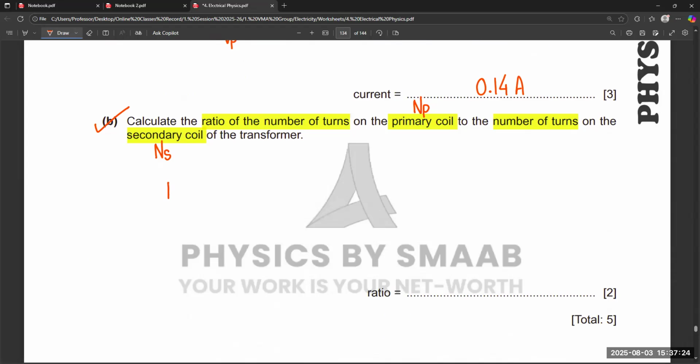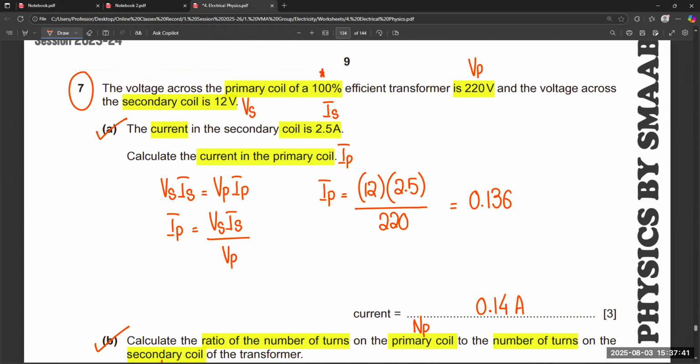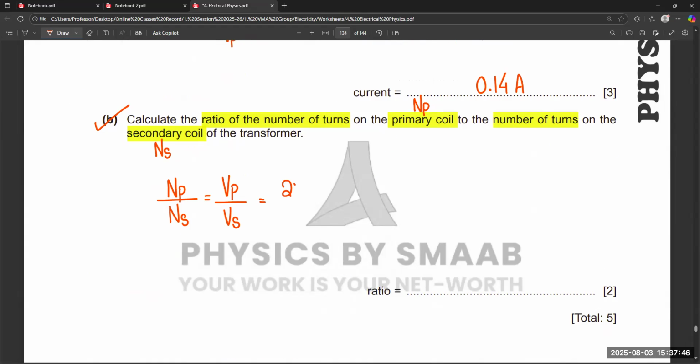So NP over NS is equal to VP over VS. Voltage of the primary coil is 220, secondary is 12. That gives 18.3, round off to 18.